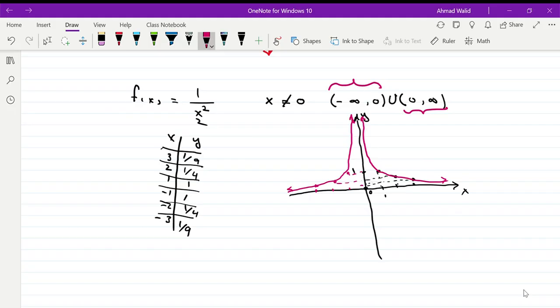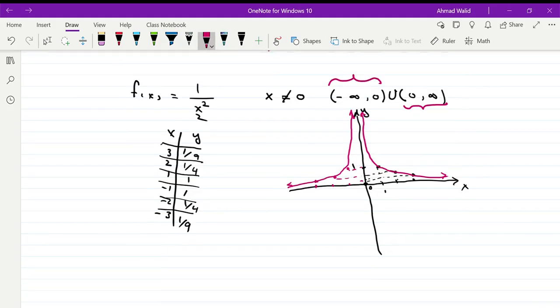If my domain has 3 parts, you will draw 3 graphs. Later, you will see a lot of beautiful graphs of these. In this section, we will graph a lot of rational functions, and you will see they have really beautiful shapes. Like 2, 3 graphs come together as one graph, correct?